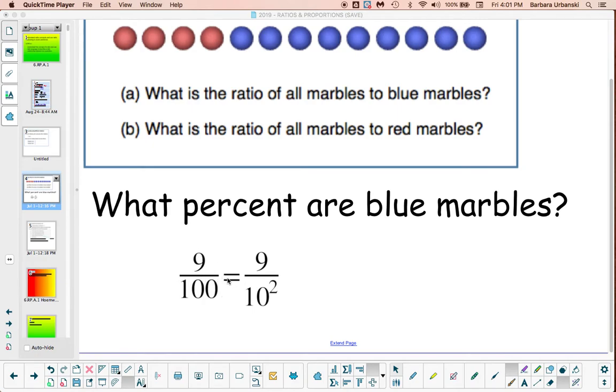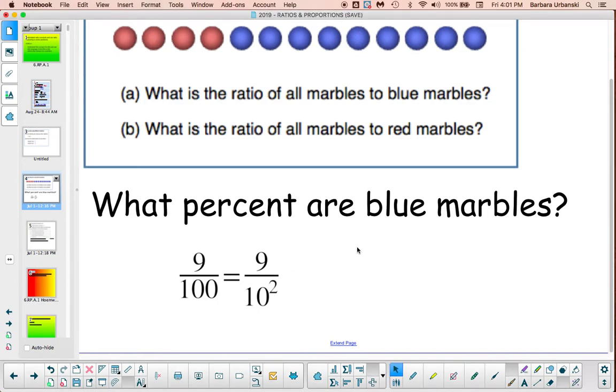But we can take a look at this, and it would be 9 divided by 10 to the second power, because 100 is 10 multiplied by itself 2 times. We start out with the 9, and if you have 9, the decimal point is after the 9.